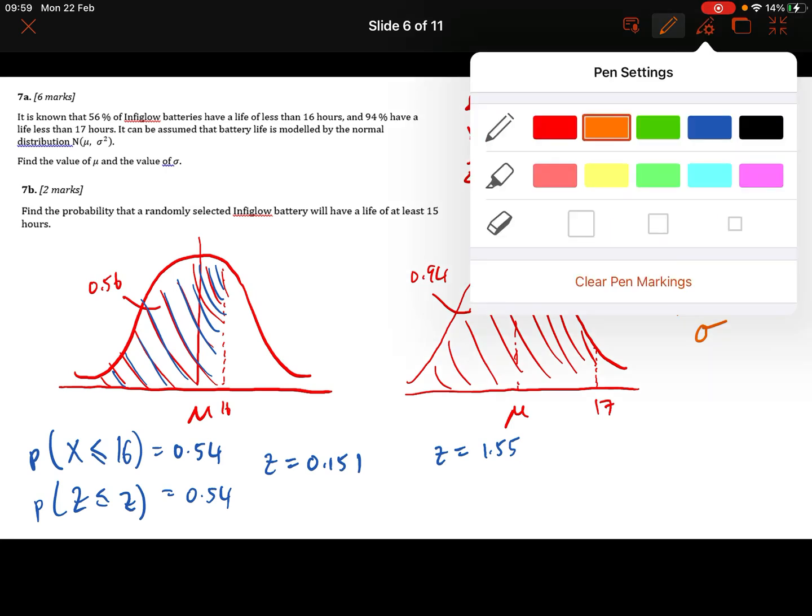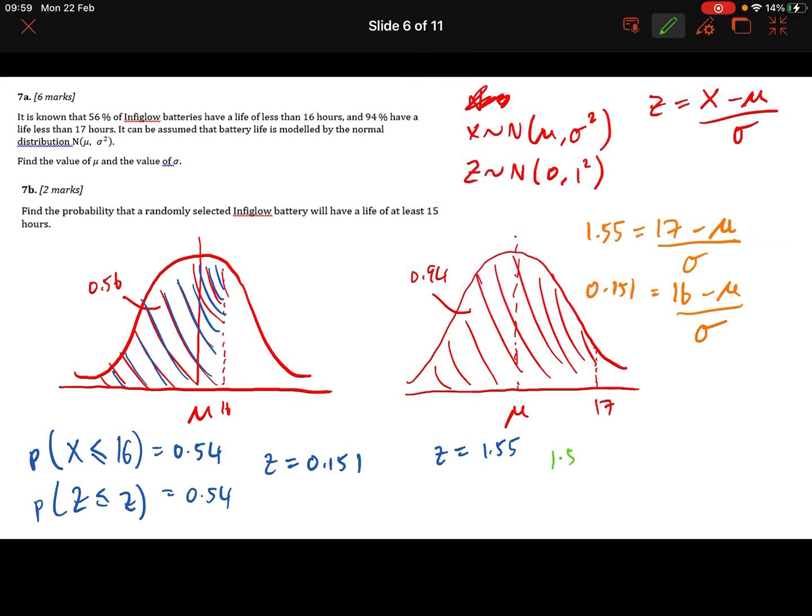Now let's just do a little bit of rearrangement. We're going to get 1.55 sigma plus mu is equal to 17, and 0.151 sigma plus mu equals 16. And now again, I'm just going to use the simultaneous equation solver in my calculator, so I don't have to do any work, because I know how to use it properly.